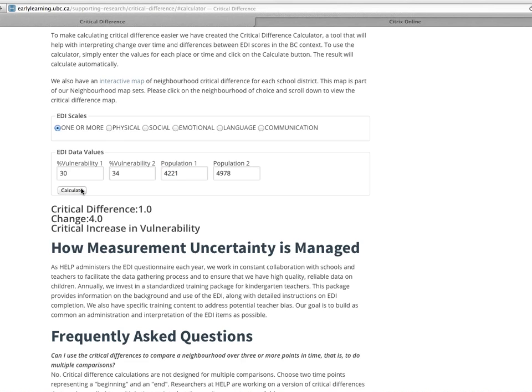So at some point, we don't want to get to a point where, for instance, in all of Canada, we're saying that we have successfully reduced the vulnerability rate from 33.3 to 33.2. It just seems too small to be of any kind of real meaningfulness. So this is why we're thinking of critical difference, calling something meaningful if the critical difference is 2 or larger.